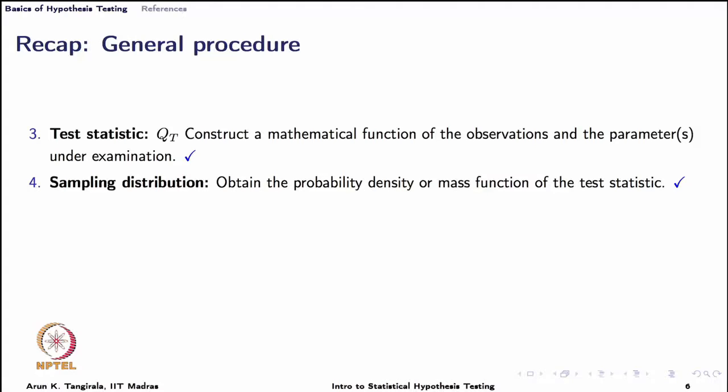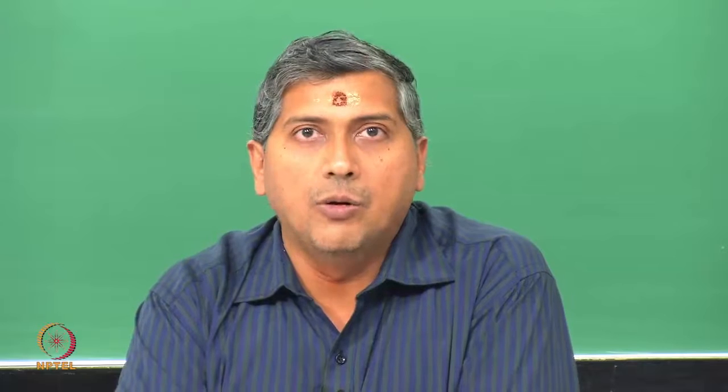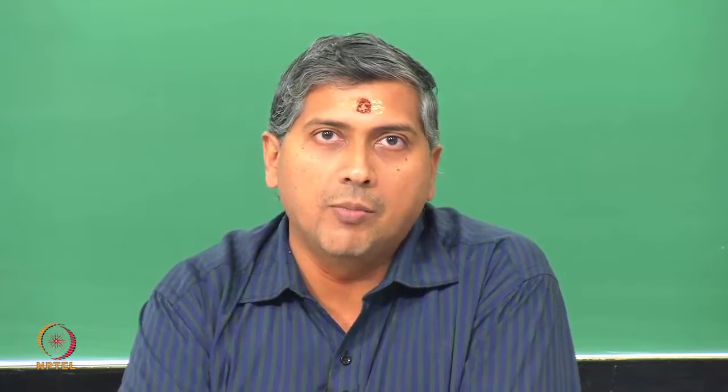That is, to compute the probability of obtaining a statistic as it has been observed, whether it falls into the low probability region or high probability region. For this, we may need the probability density or the probability mass function, as the case may be, depending on whether the test statistic is a continuous valued random variable or a discrete valued random variable.